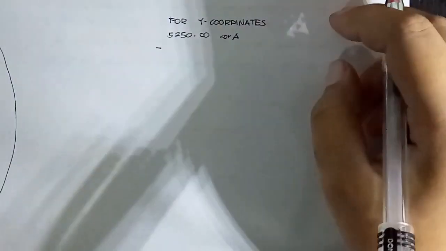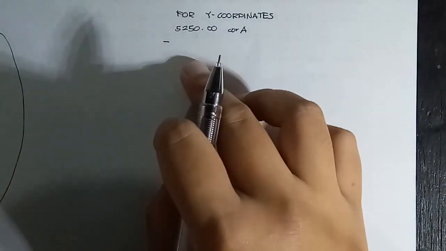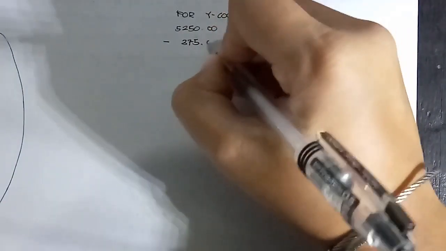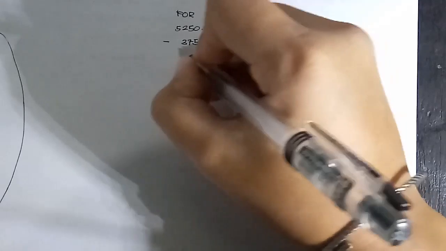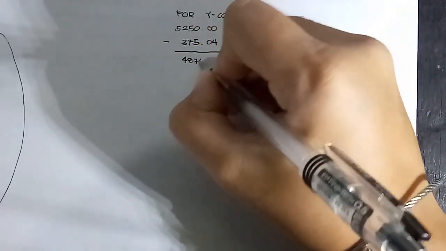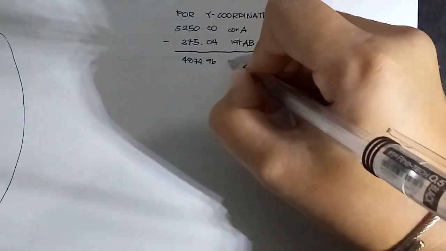So, ang gagawin natin is magsusubtract since south yung direction niya. So, 5,250 minus 375.04 yung latitude ng AB. So, ang kalalabasan niya is 4,874.96. So, ayan na yung coordinates ng station B.